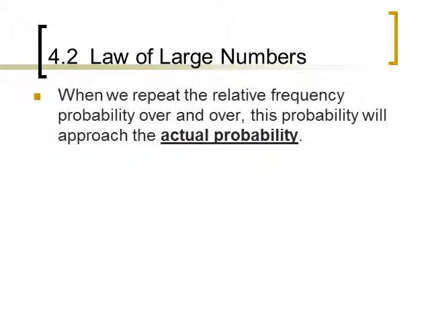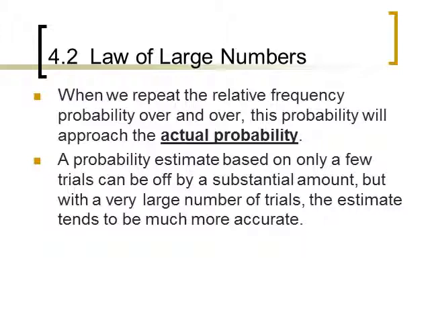But if we continue maybe 1,000 times and repeat this, then over the course of that, we will finally approach the actual probability of 1/2. So a probability estimate that's based on only a few trials can be significantly off. And so with a large number of trials, the estimate tends to be much more accurate.